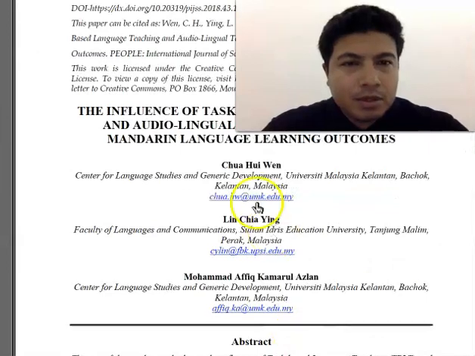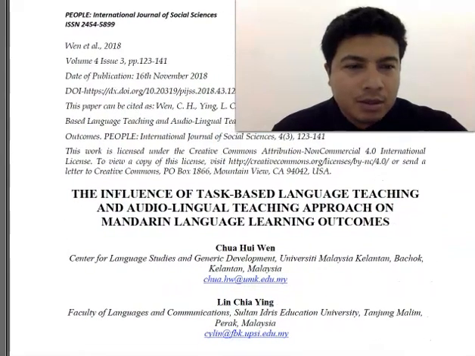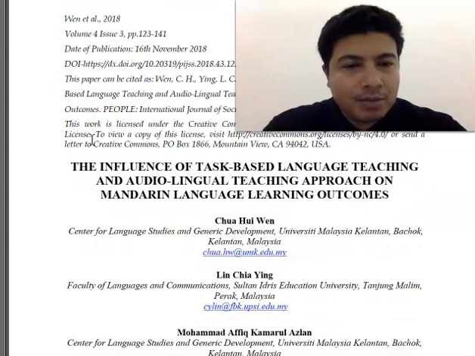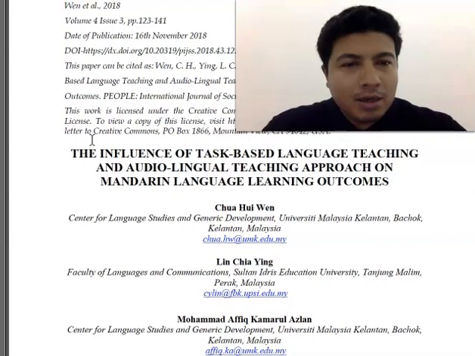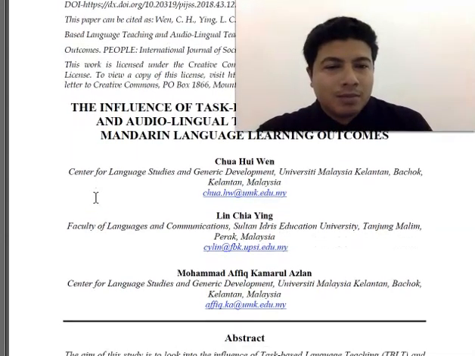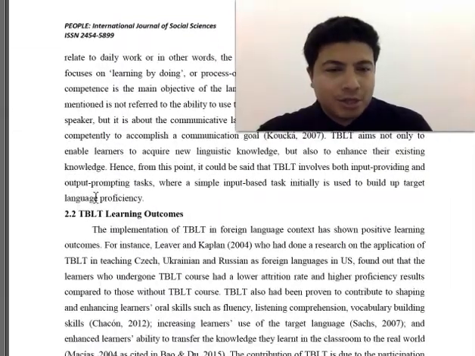So this is one example of a journal article. In this journal, if let's say you take information from a journal article, you'll have to do the citation, also the references. In this journal article, there are a lot of citations.